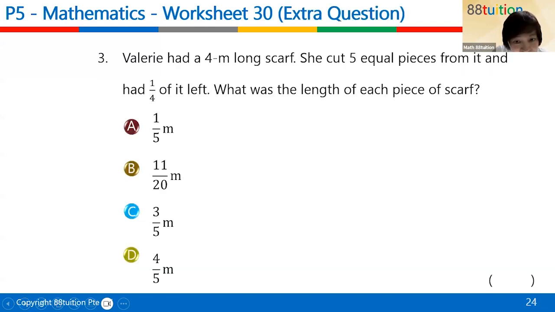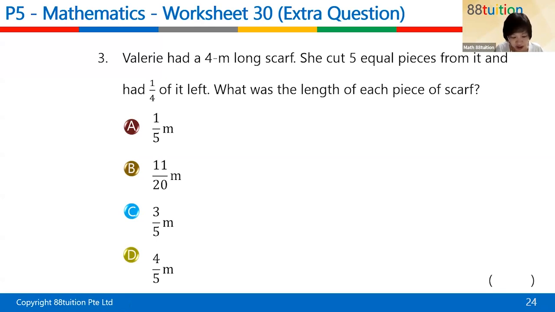Sorry. EQ3. Want to type EQ3. All right, so this one says that you have 4 meters cut into 5 equal pieces and had 1/4 of it left.